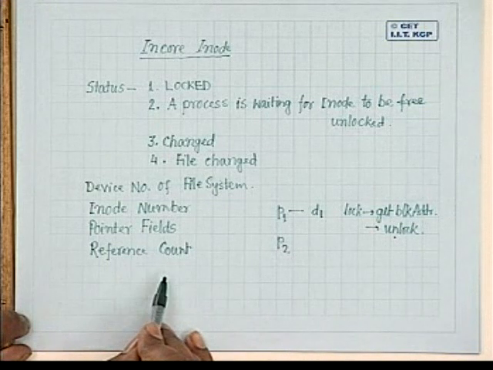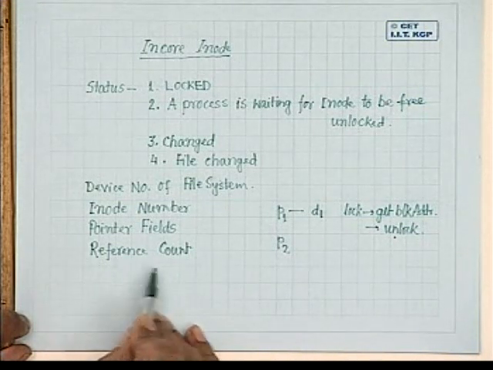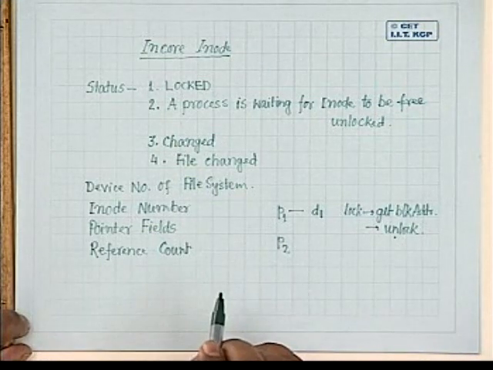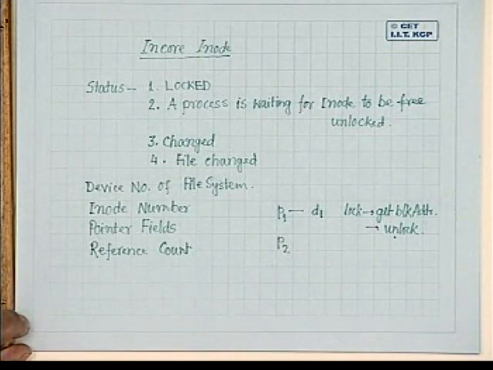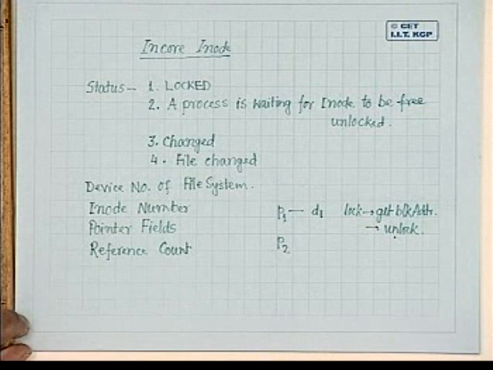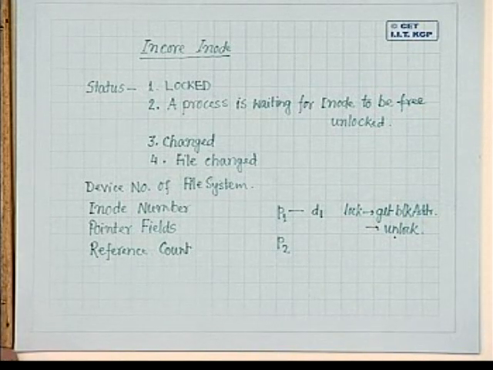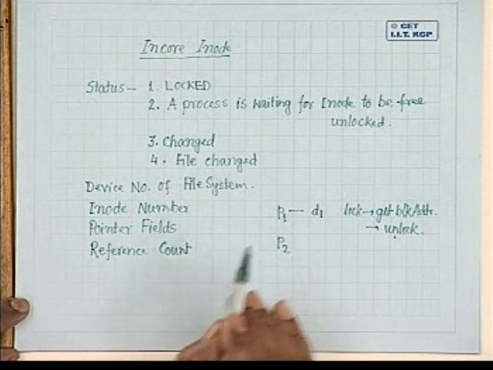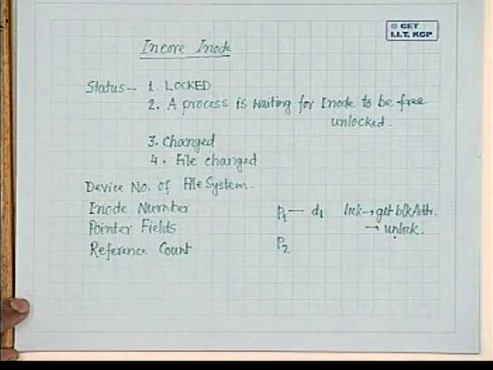But still the inode is not free. It may be unlocked. Because it is not free, it cannot be put on the free inode list. Only when process P2 also closes the file, the reference count field will again be decremented by 1 and become equal to 0. And now we know that the inode is not active for any of the processes. Only when the reference count becomes equal to 0 can you put this inode on the free inode list. Otherwise, you cannot.